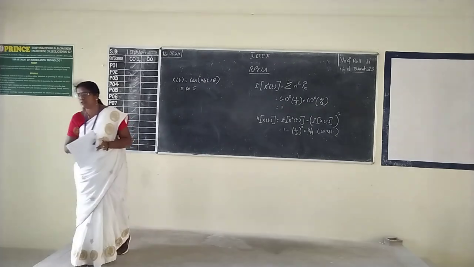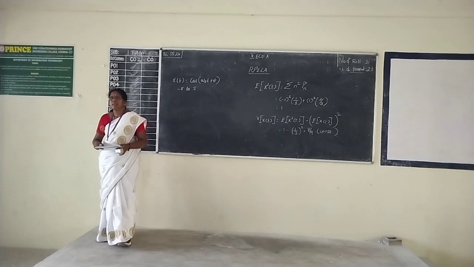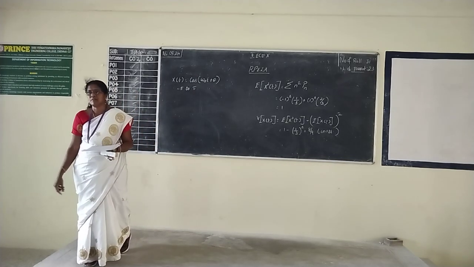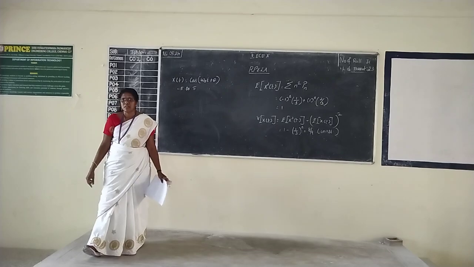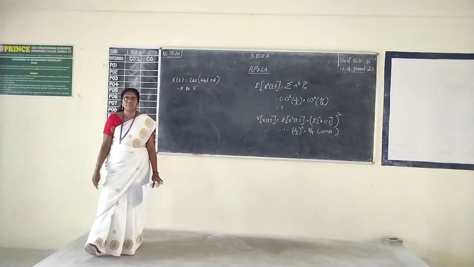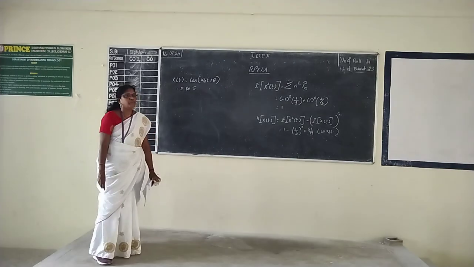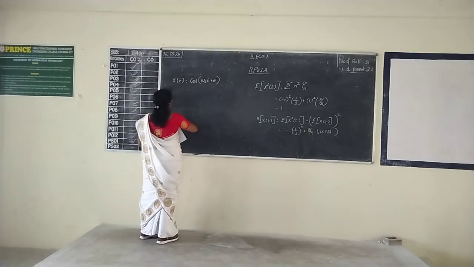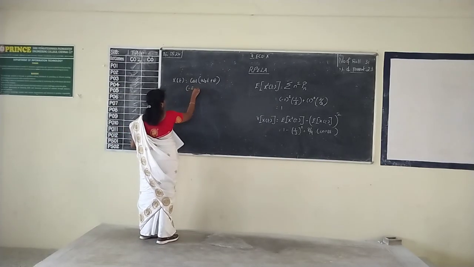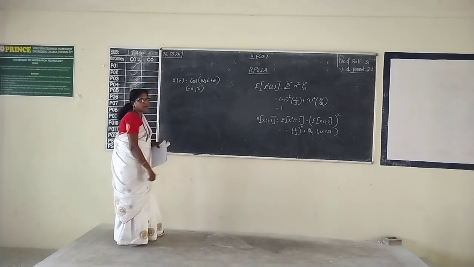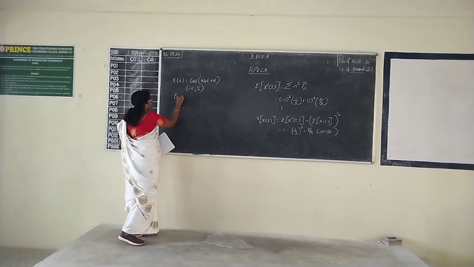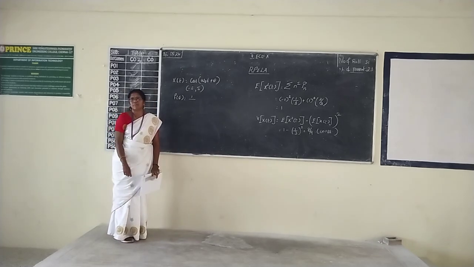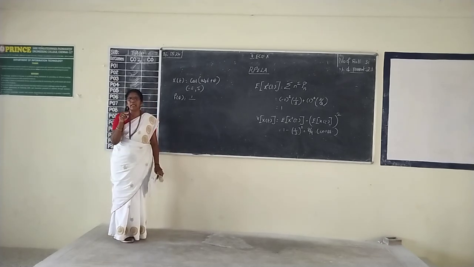Okay, so start the solution. Given theta is uniformly distributed in the interval minus pi comma plus pi. Therefore, f of theta equal to 1 by upper limit minus lower limit.